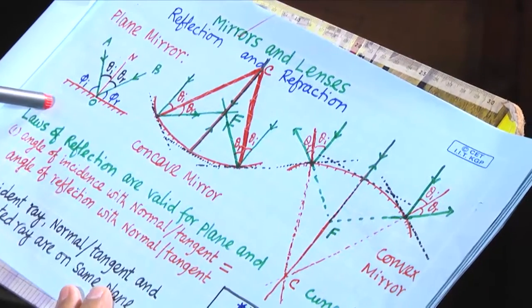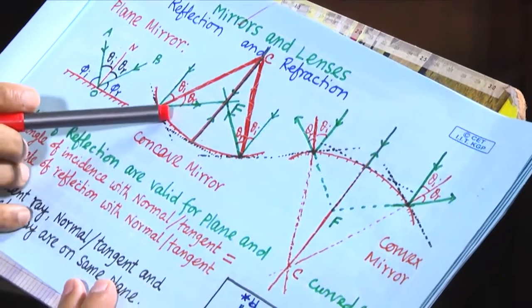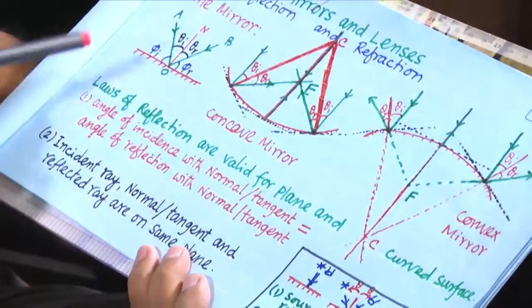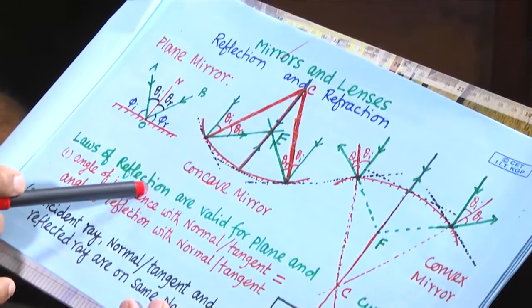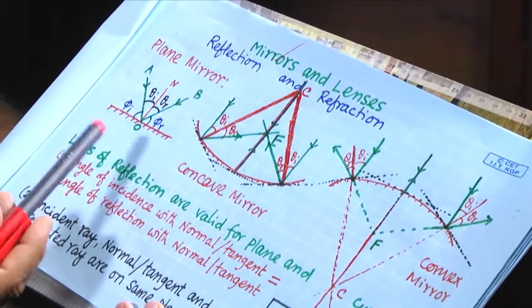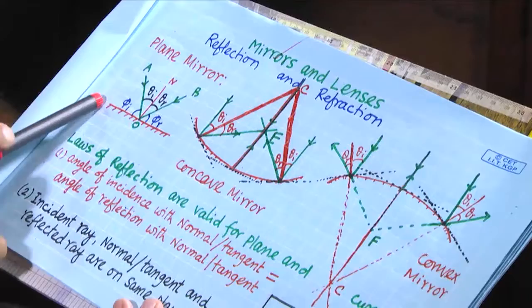So, a mirror works basically on the principle of reflection. Laws of reflection we know, and we are quite familiar with reflection from the plane mirror.